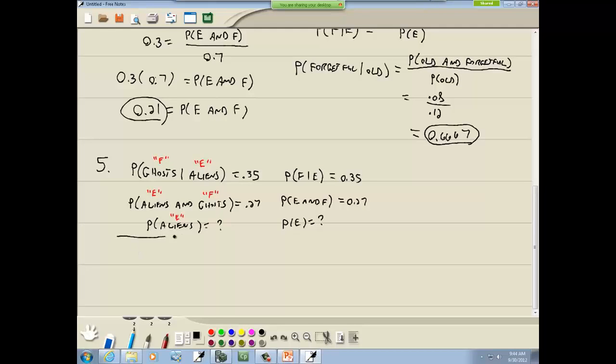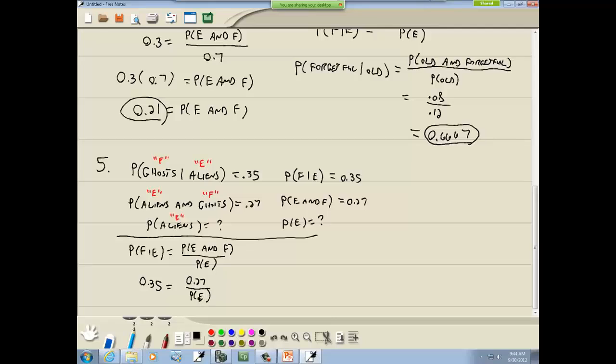So we have the probability of F given E is equal to the probability of E and F divided by the probability of E. Well, let's put in what they give us. They gave us the probability of F given E, which is 0.35. The probability of E and F is 0.27 over the probability of E.